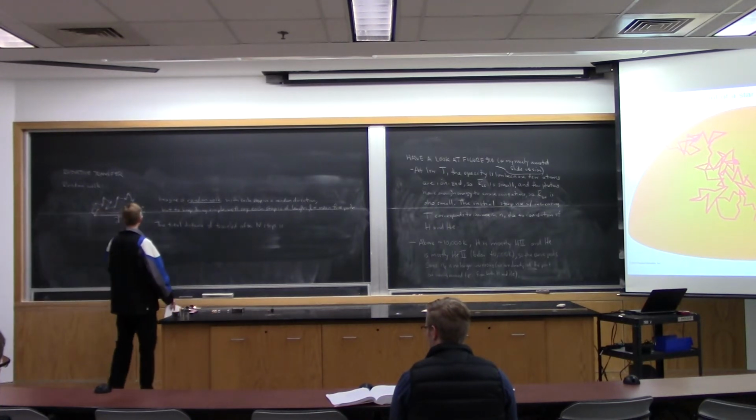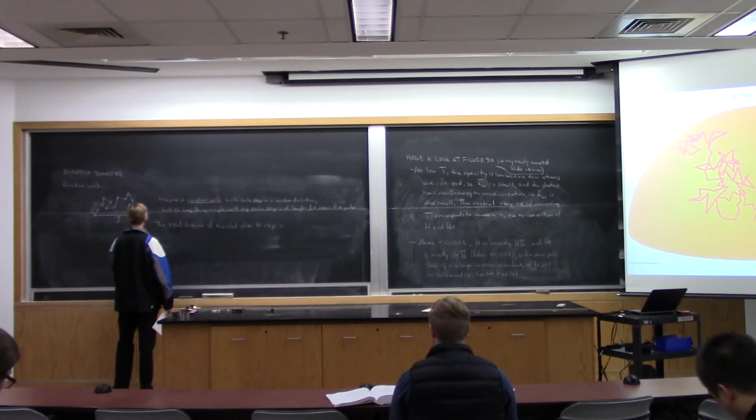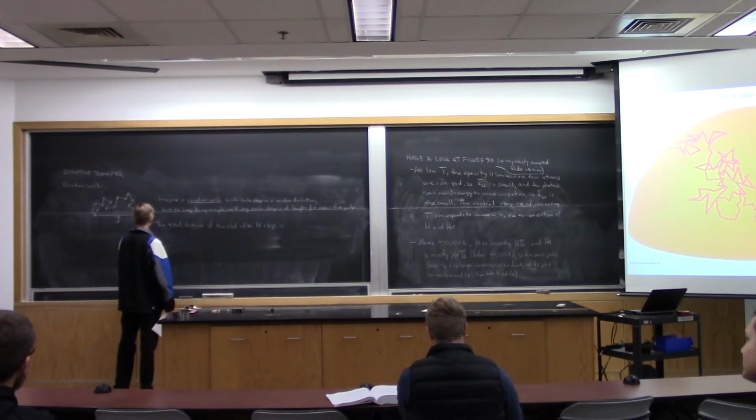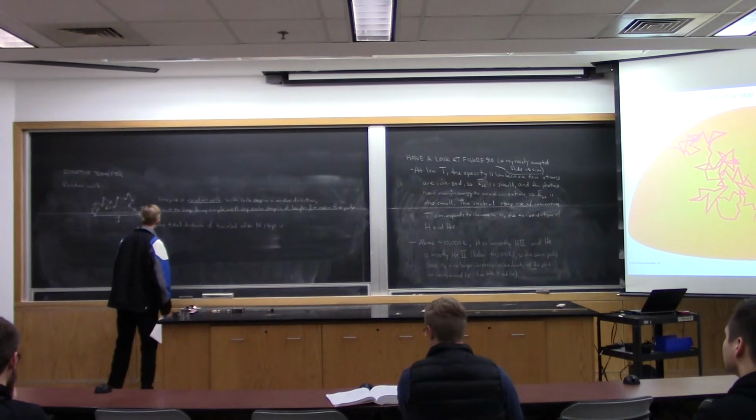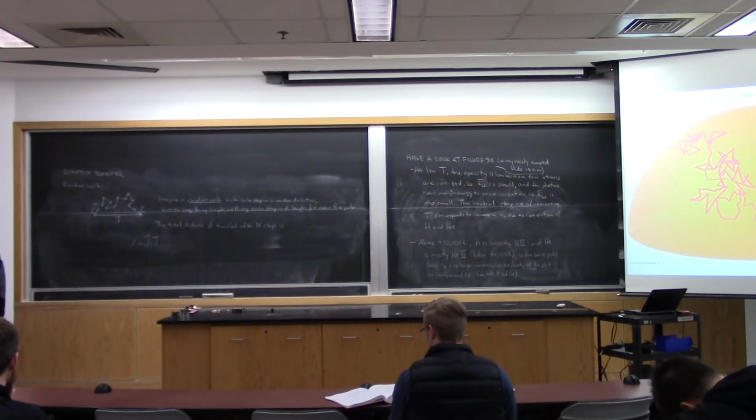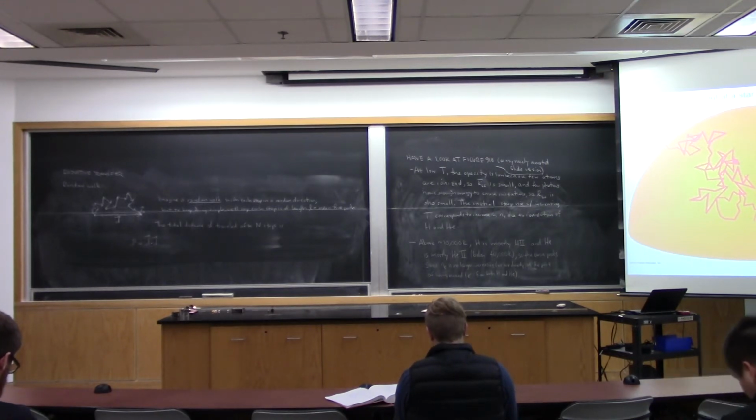So d squared is d dot d, because any vector dotted with itself is the square of its magnitude, right? d cosine 0 degrees is d squared. So d squared is d dot d.